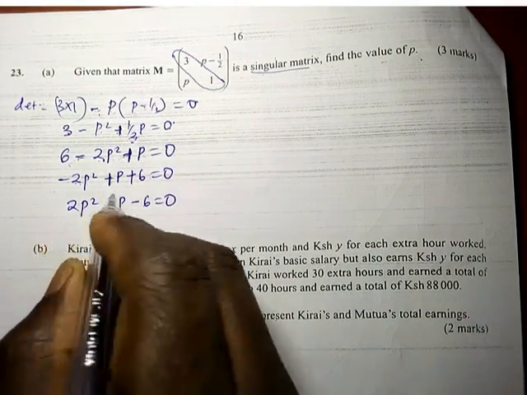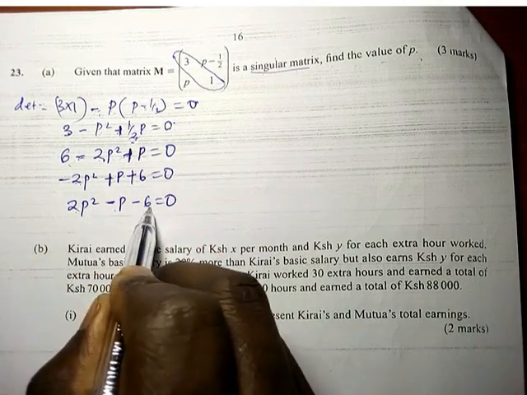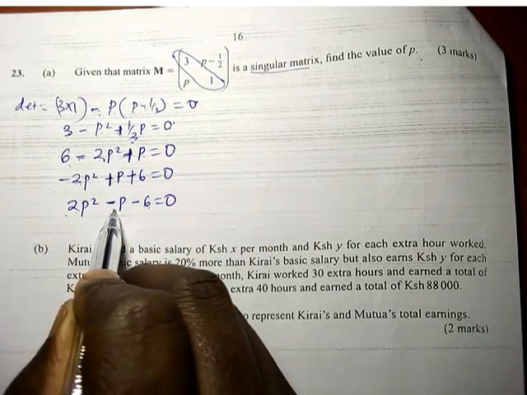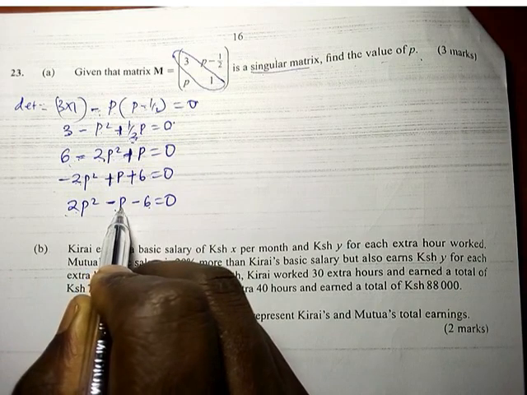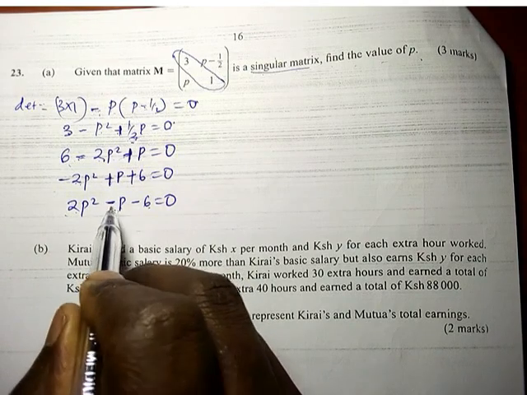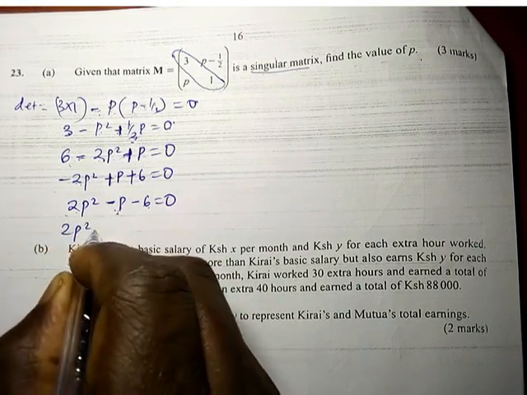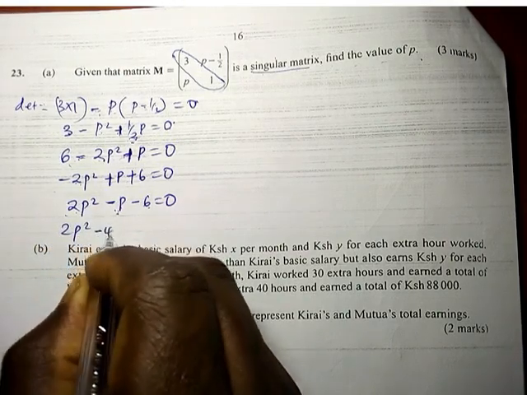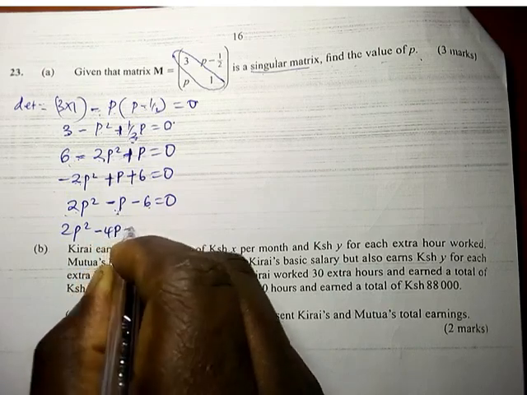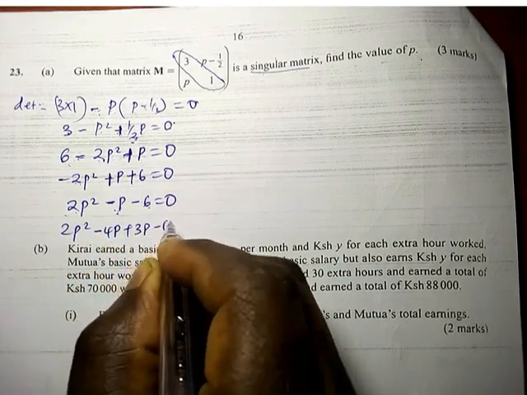So two numbers, when you multiply, the answer is 12. When you add it, the numbers is 3 and 4. But which one is going to be negative? 4 is going to be negative. So 2P square minus 4P plus 3P minus 6 equal to 0.